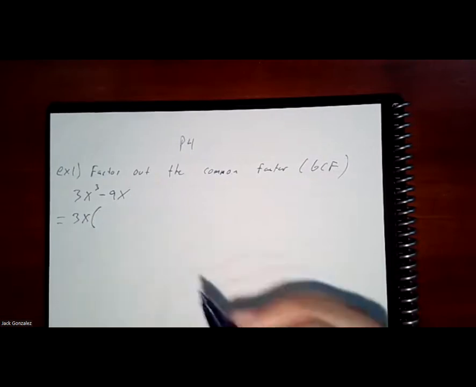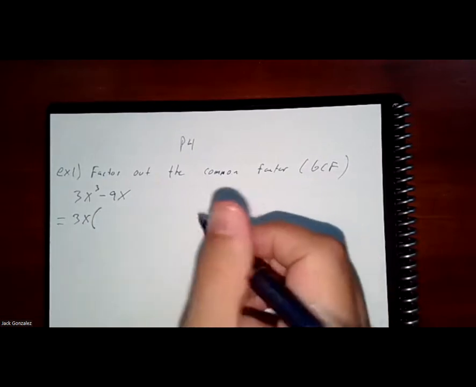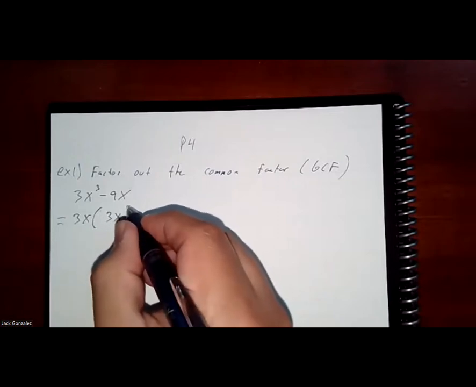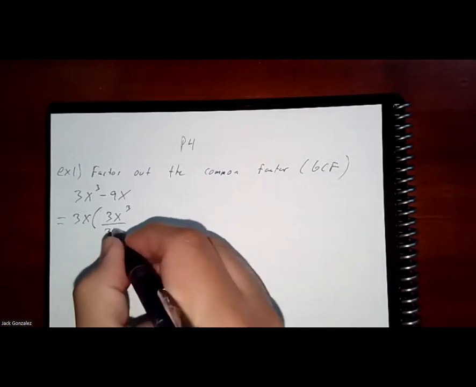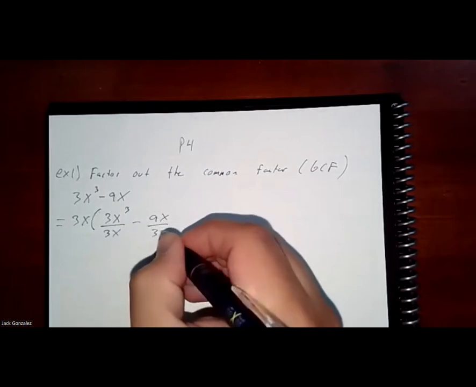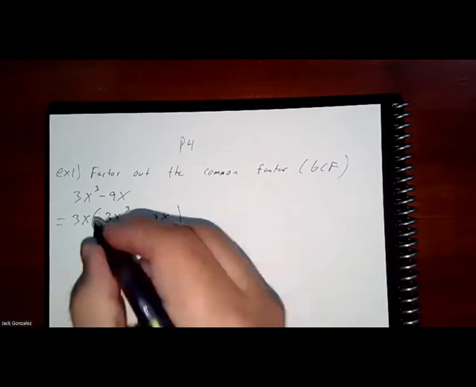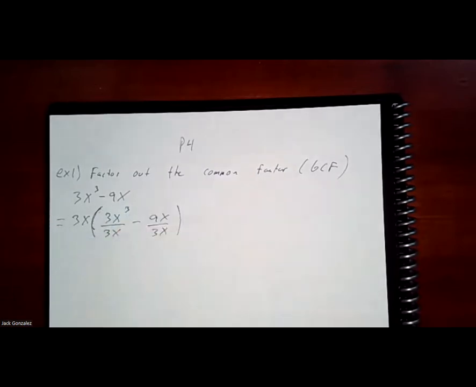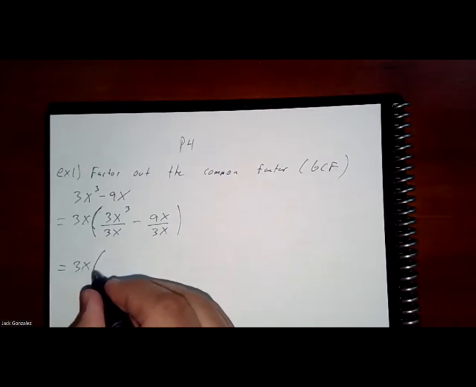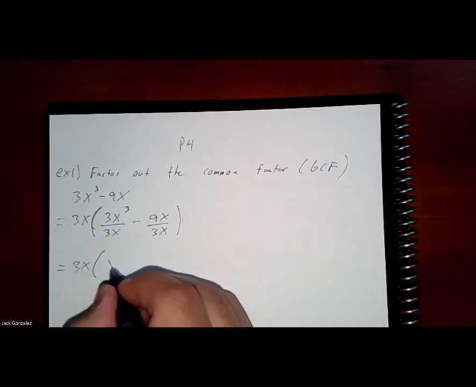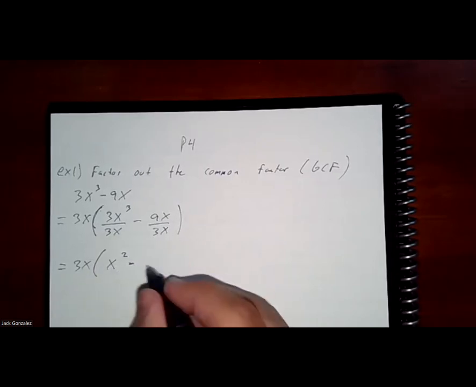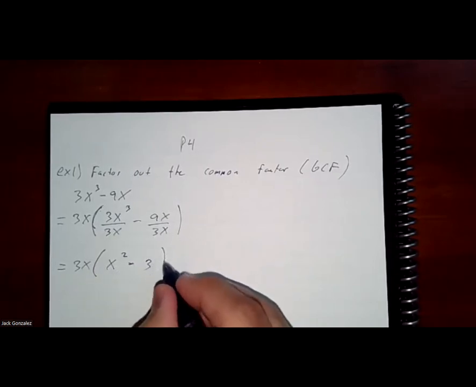Okay. So those of you that are very rusty, think of this as division. I'm dividing this factor out. When you factor something out, you're removing the factor. So once you do that, this becomes x squared minus 3.